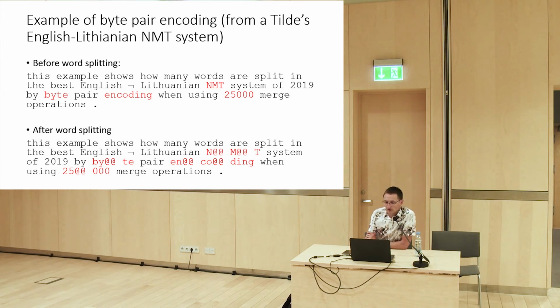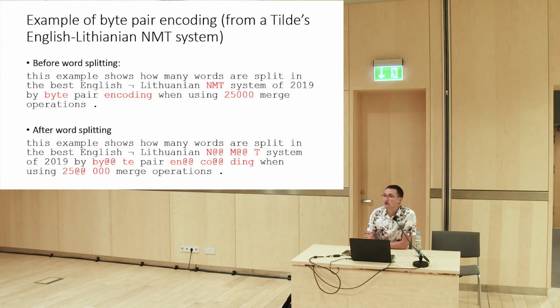I have an input sentence. This example shows how many words are split in the best English-Lithuanian NMT system of 2019 by byte pair encoding when using 25,000 merge operations. After splitting, I see that most of the words are not split down into smaller parts, and this is because they are very frequent in the dataset.